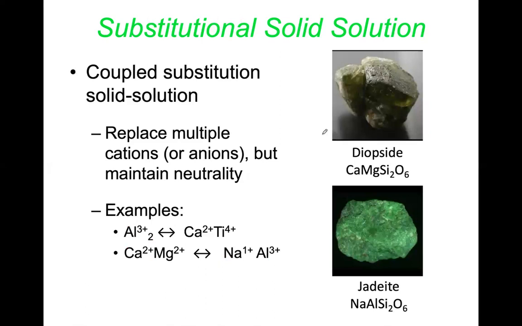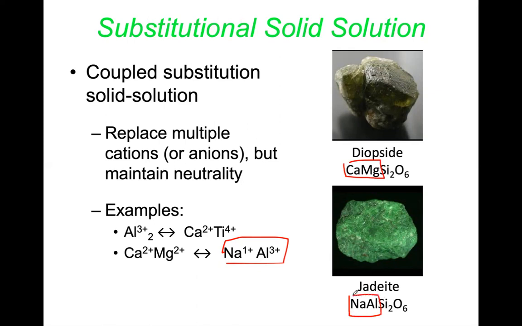Another example here, calcium magnesium. There can be sodium aluminum replacement, right? So this is happening in diopside and jadeite. You can see instead of these two, calcium and magnesium, sodium and aluminum replaces.